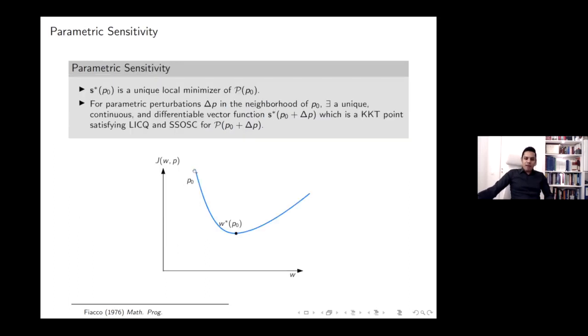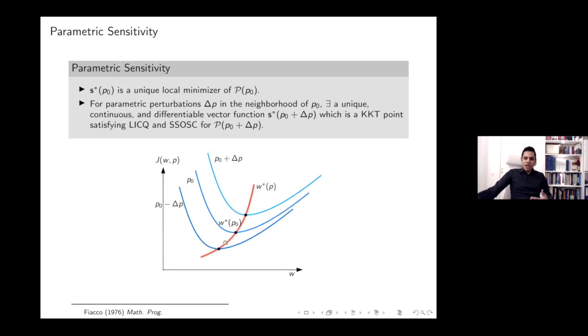So if we have a solution that we solve, for example, for a given parameter P naught, and we have a corresponding optimal solution, and given these assumptions, if some conditions are satisfied, then we can say that there exists a unique, continuous, and differentiable solution manifold that is given by this orange curve here that tells you what will be the optimal solution for different values of the parameter P, right?